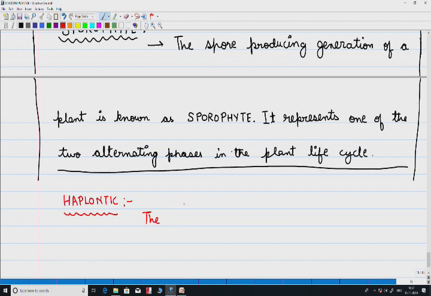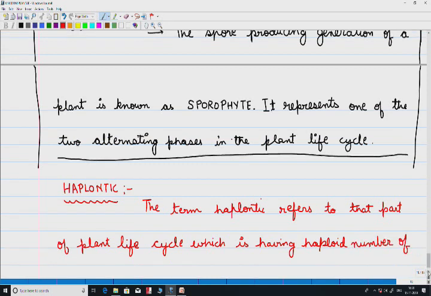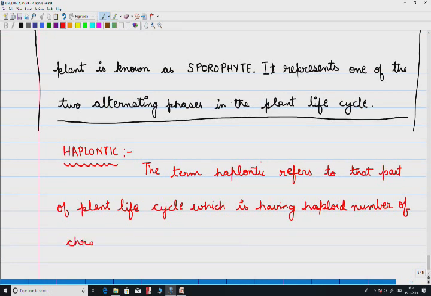The term haplontic refers to that part of plant life cycle which is having haploid number of chromosomes.